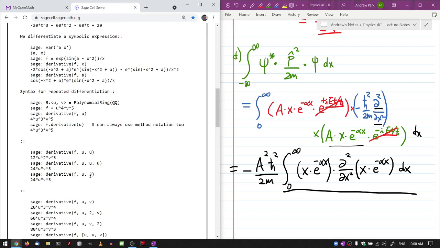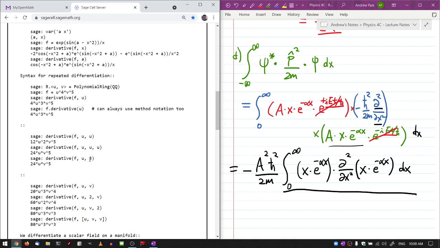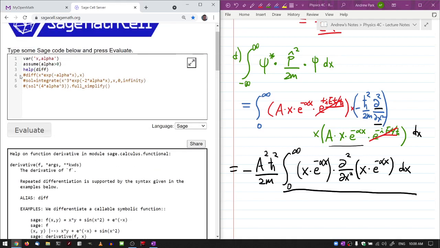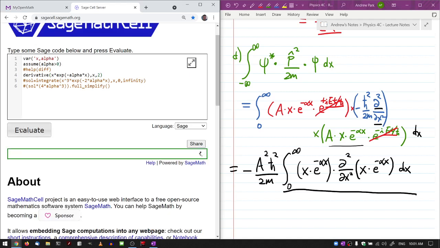I think that's the way to specify the order of derivative. Okay, so let me do it this way. So derivative of this, second order.